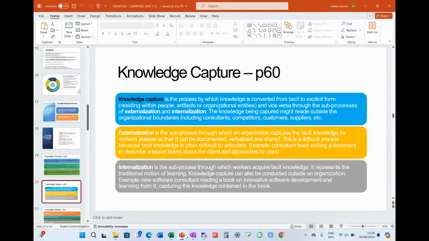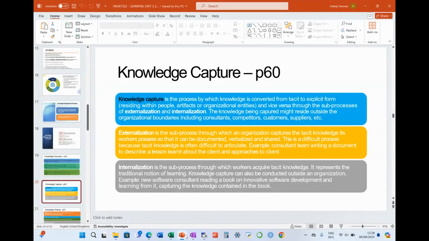Under the sub-processes, externalization, they're saying, is the sub-process through which an organization captures tacit knowledge its workers possess so that it can be documented, verbalized, or shared. So this is something that is shared when workers get together.